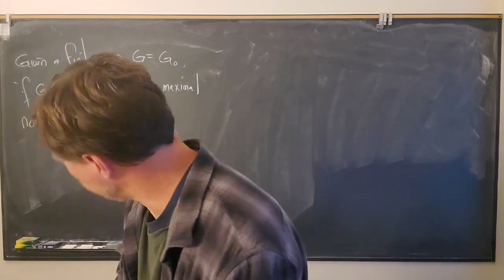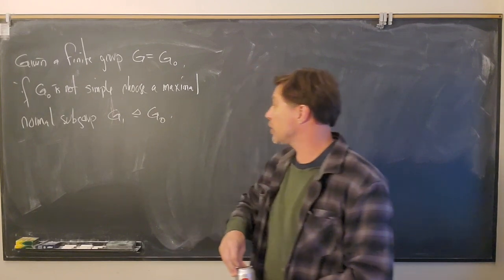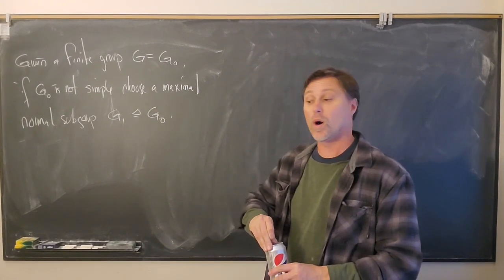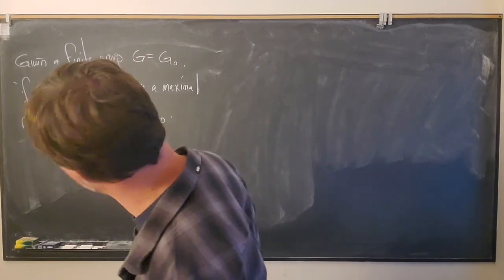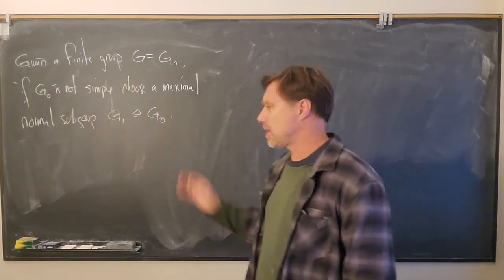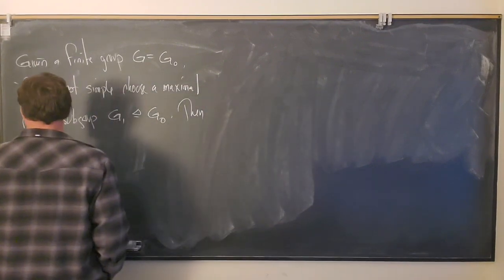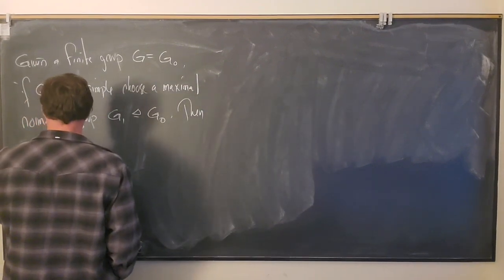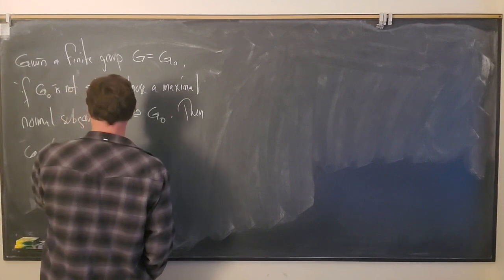Now, what that tells us is that the quotient G0 mod G1 is simple.